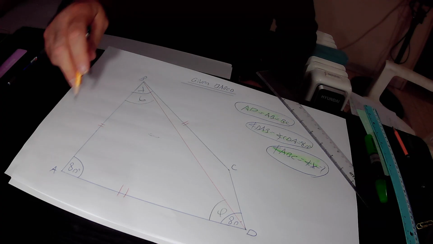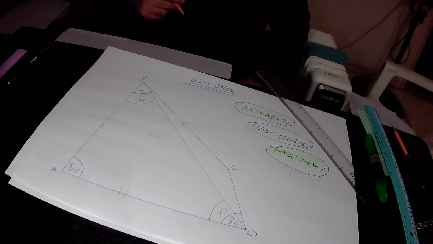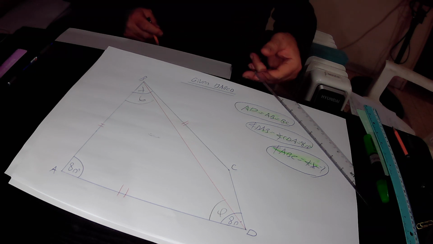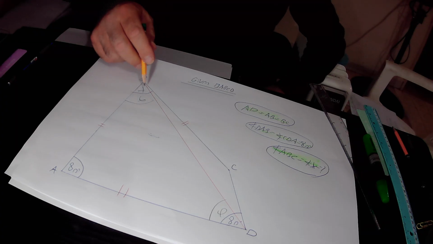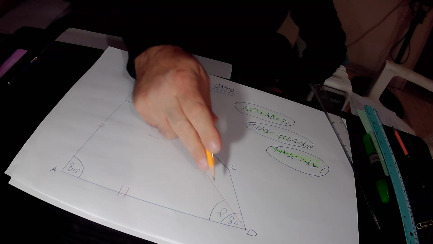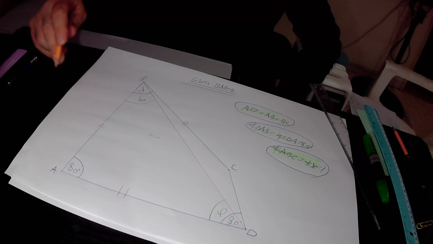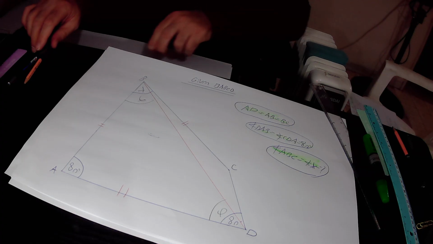In the triangle ABD, the sum of the angles must be equal to 180 degrees, according to the rule that says that the sum of the angles in any triangle is equal to 180 degrees. So alpha plus alpha is 2 alpha, plus 80 degrees. In total, the sum of those angles must be equal to 180 degrees. So I write it down.